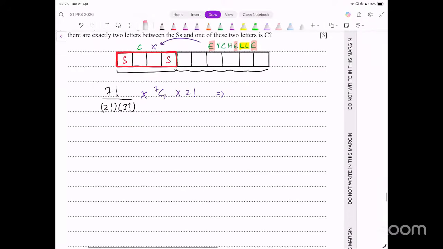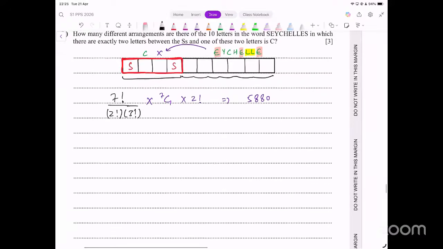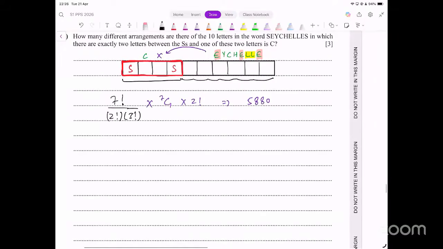If we do it using the other way that we're used to doing before, let's do it using the other way. We don't have to arrange S, Shahryar, because they're both identical, right? So their arrangements do not matter.